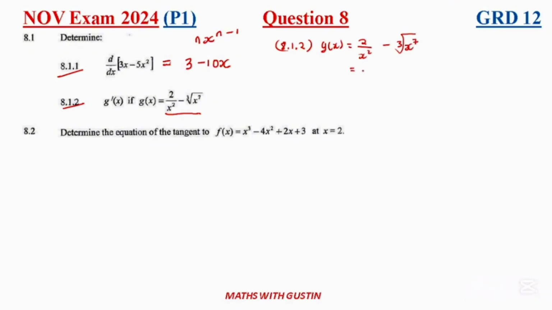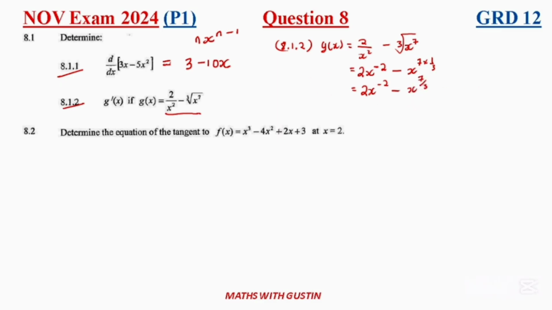So what we can do here, remember when you take it from the bottom, it's going to be minus 2, so x to the power of minus 2, minus x to the power of 7, and this one here is to multiply by 1 over 3. So therefore what you have here is 2x to the power of negative 2 minus x to the power of 7 over 3.